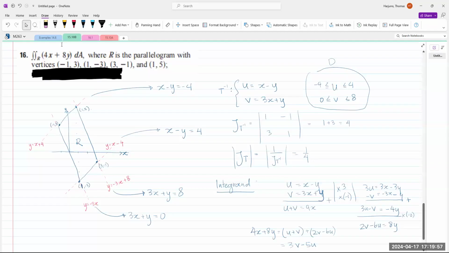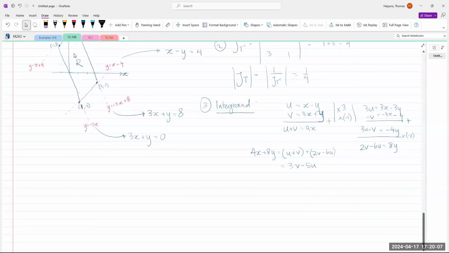So we have the ingredients already. The first ingredient, what happened to the domain. The second, what happened to the Jacobian, and the third, what happened to the integrand. Now put things together.